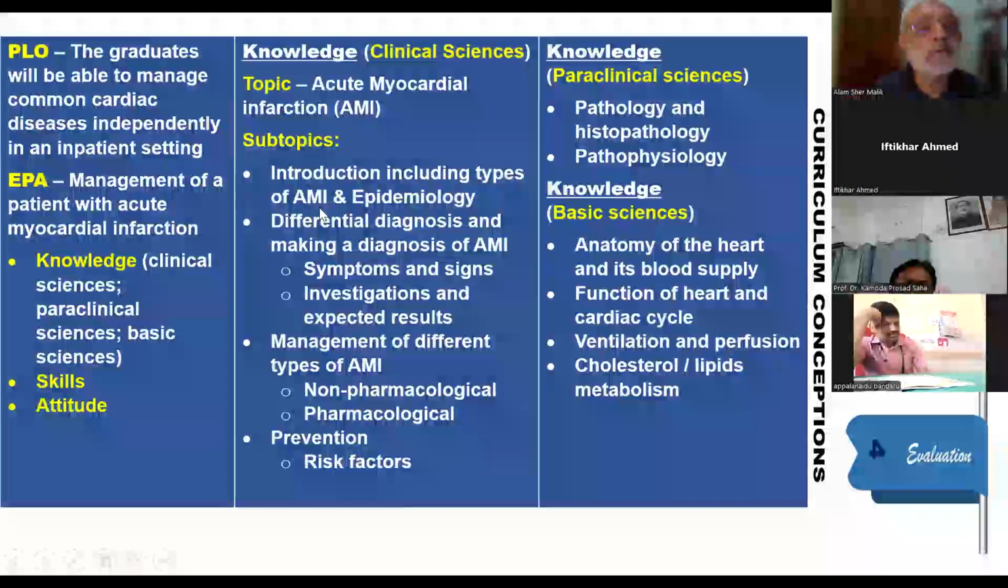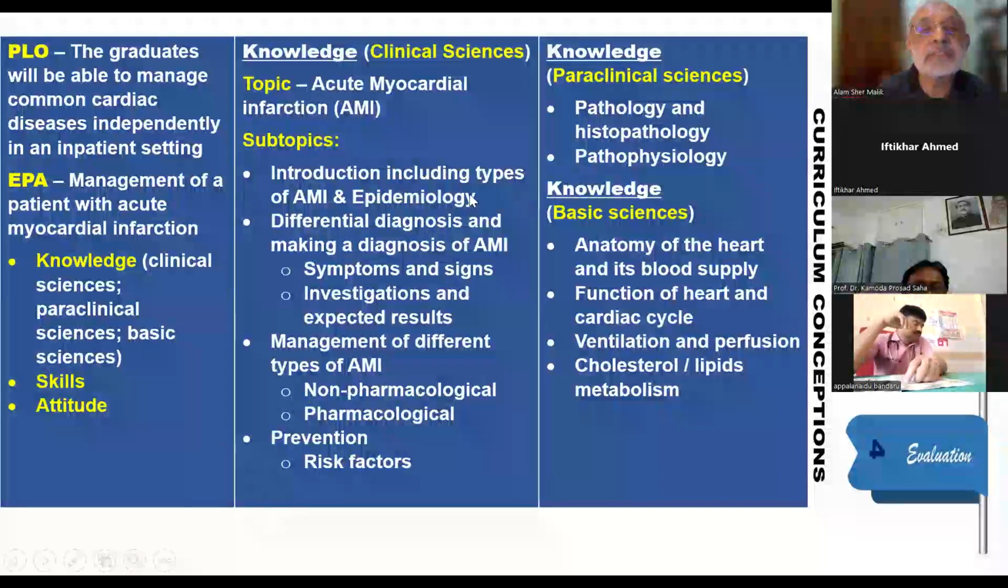So when we want to go into the detail of this, we have identified the myocardial infarction, and then the knowledge and the skills and the attitude. Among knowledge about myocardial infarction, we will have clinical sciences, paraclinical sciences, and basic sciences.